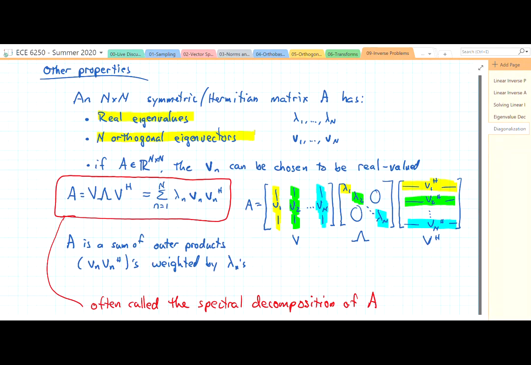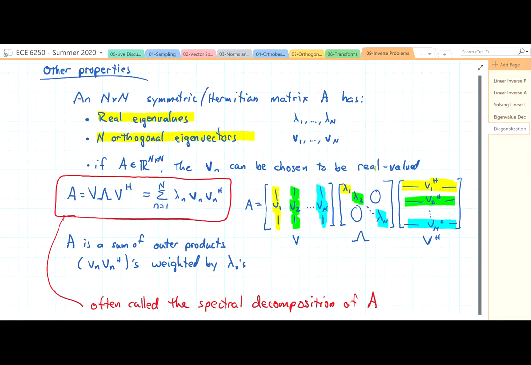So in other words, the eigenvectors will span the space R^n. Very useful. And finally, if A is real, then the vectors can be chosen to be real valued. In other words, if you come up with something complex, multiplying it by some factor alpha, as we did before, can turn the whole thing real.